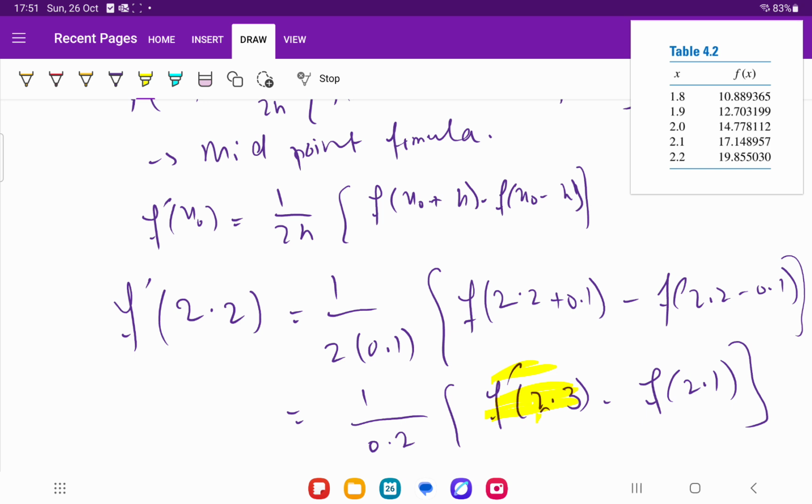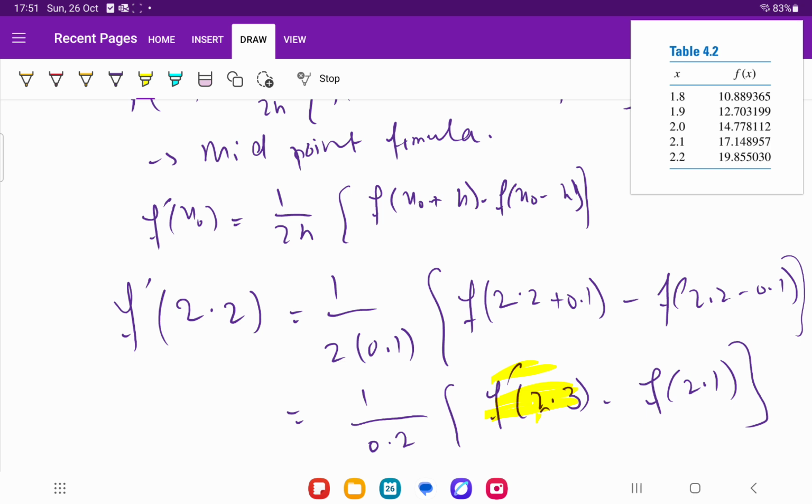For the last point, which is 2.2, you have to apply the backward formula, and for the first point you have to apply the forward. Even though backward and forward could also be applied later on, we have to be careful.